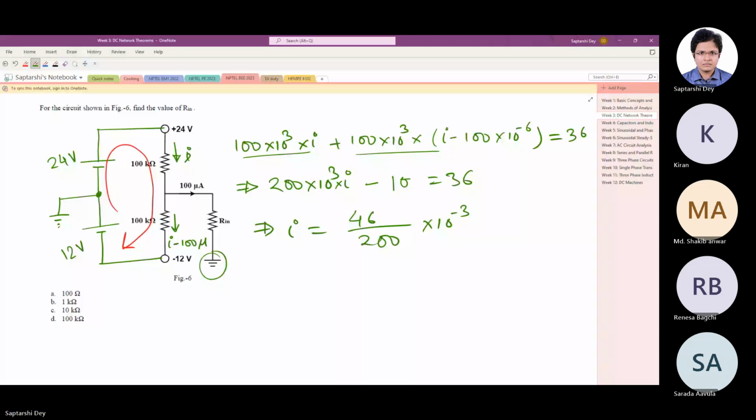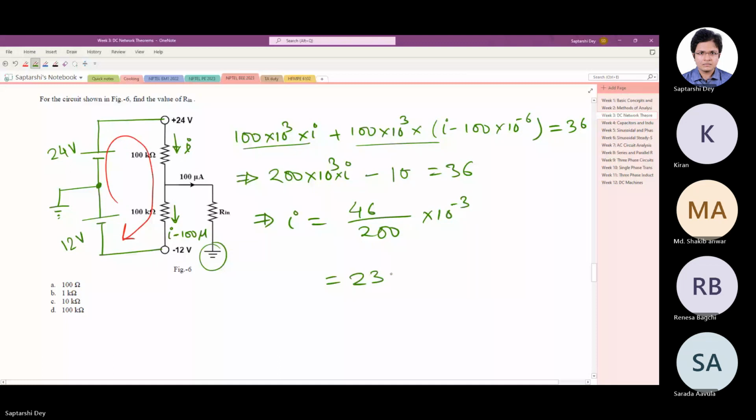What is happening? 230 micro. So basically what we have is 230 micro coming down this way, 100 goes away, so 130 micro comes down this way.